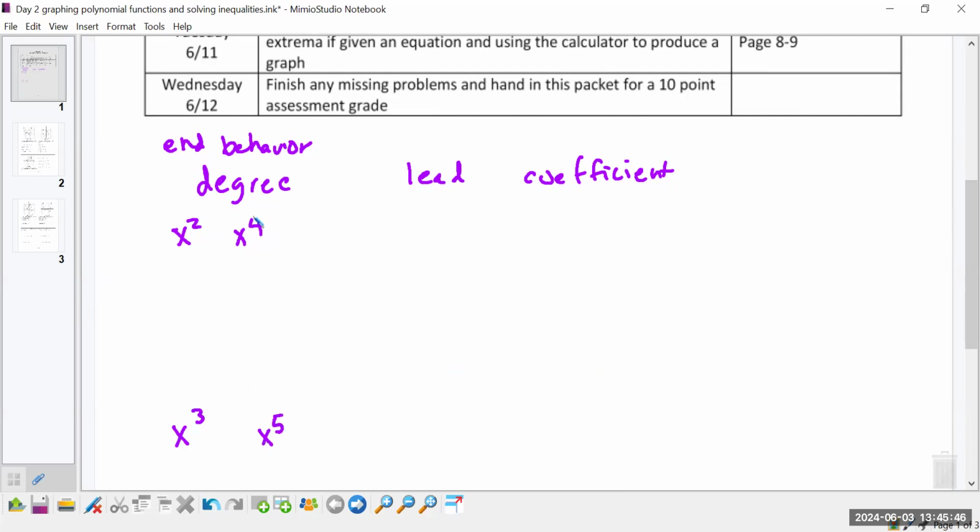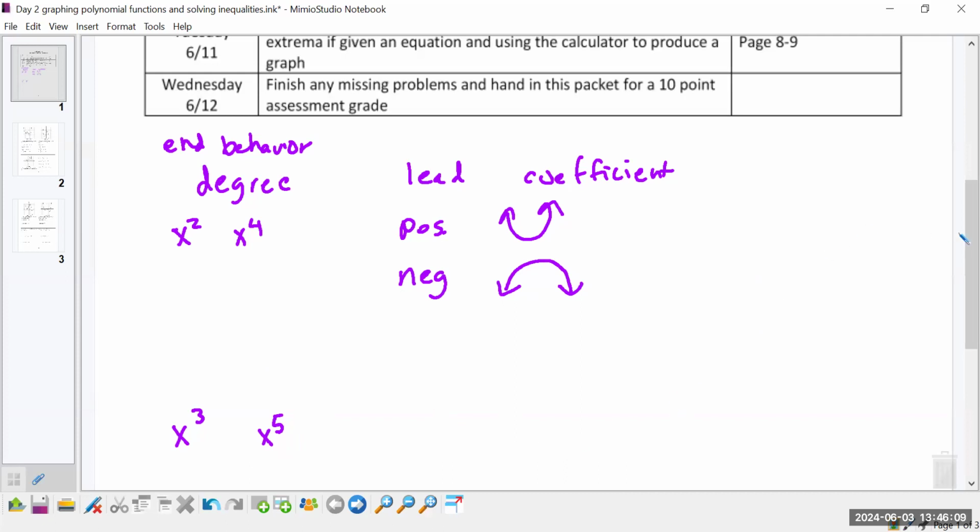If it was an even degree polynomial with a positive leading coefficient, the end behavior went up, up. If it was an even degree polynomial with a negative leading coefficient, like negative x squared, then no matter what happened in the middle, the right and left sides would go down.